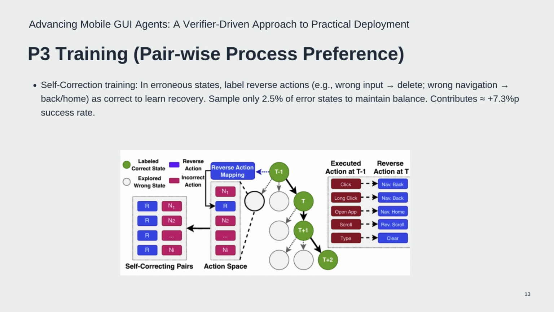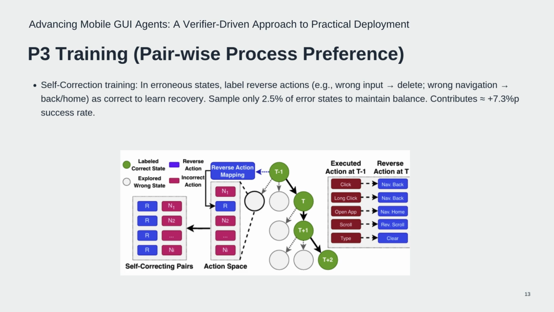To train this behavior, they take some erroneous state from the data, where the agent had made an error in the trajectory, and they label the reversal action as the correct one for training purposes. For example, if in a training trace the agent went down a wrong path, at that point they labeled the go back action as a positive example, even though in the optimal trace maybe the agent wouldn't have been in the wrong state to begin with.